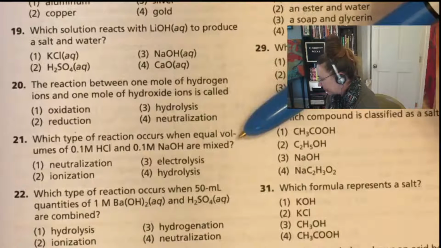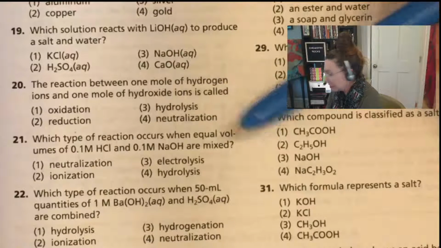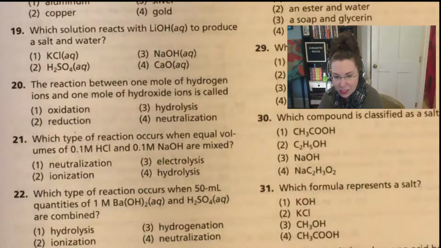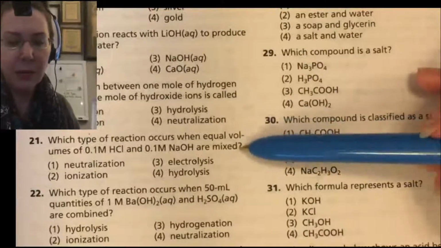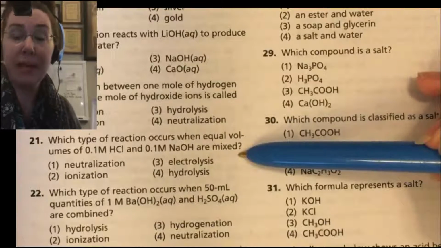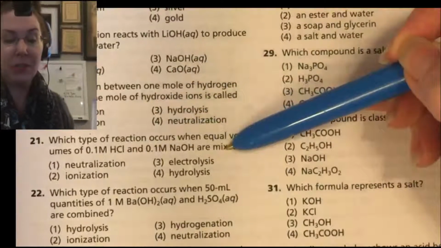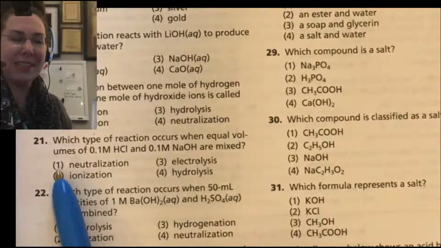So if we were mixing sodium hydroxide and hydrochloric acid, then what we would have is a one-to-one mixture of acid and base. And when we have a one-to-one mixture of acid and base, that would give us a neutralization.